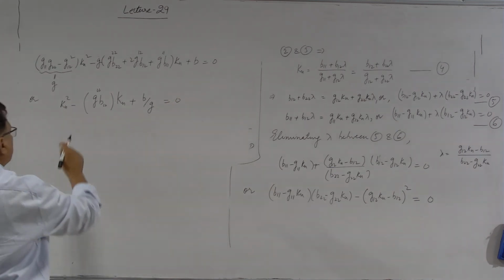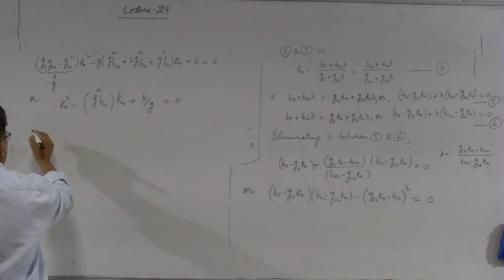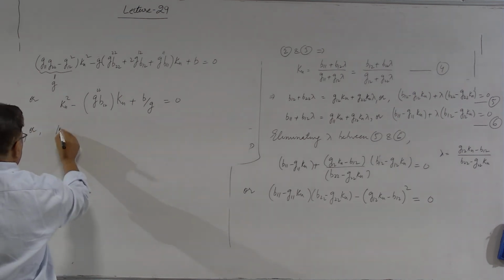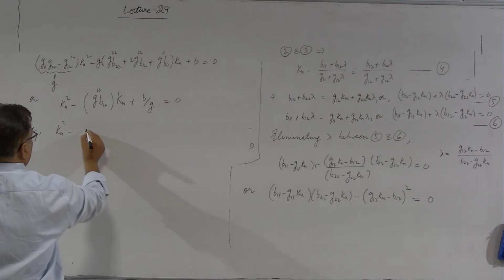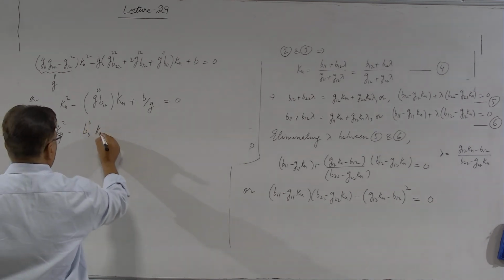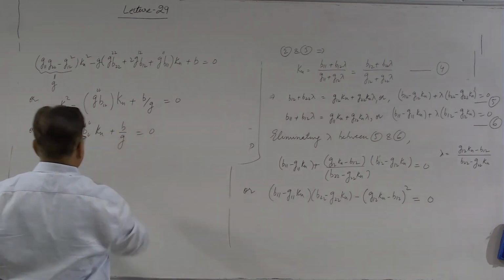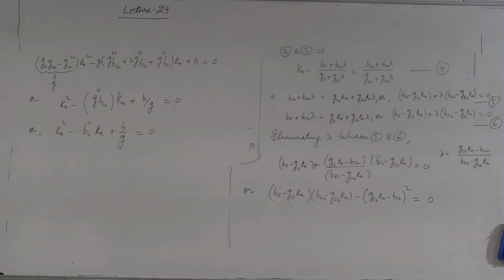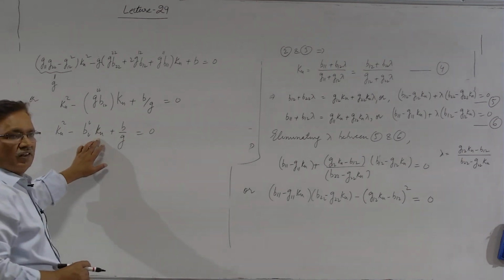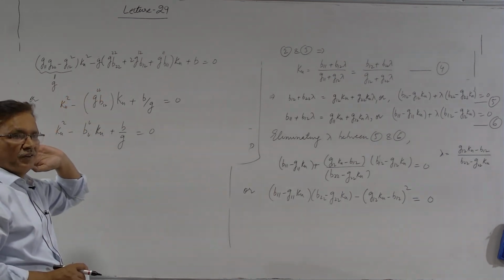And we know what G upon ij does: it raises the index. So this term will become Bii into Kn plus B upon G equal to 0. So this is a quadratic equation in Kn whose roots are K1 and K2, because you have already put dKn over d lambda equal to 0.